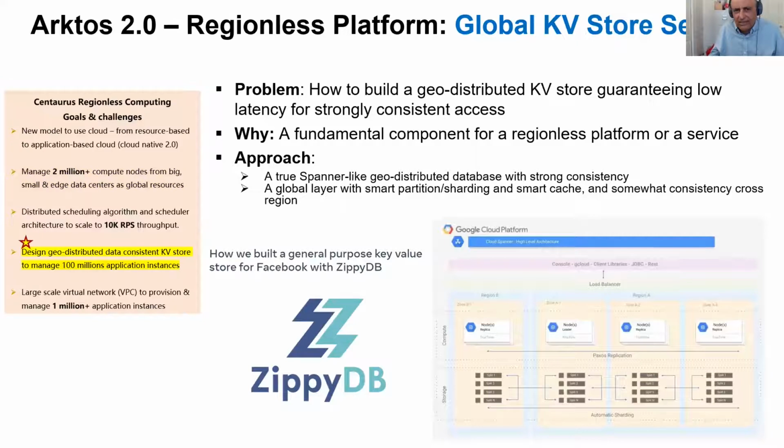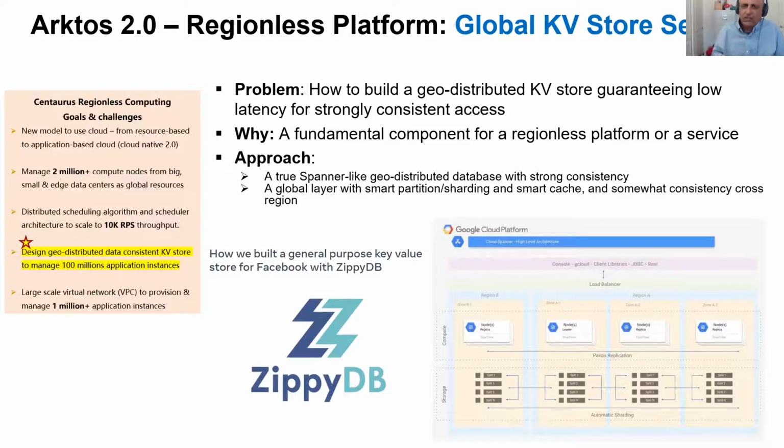KV store. The only geo-distributed key-value store currently is Spanner, but that required a very heavy investment by Google in order to enable a Spanner-like geo-distributed database. In a typical Edge environment, that model doesn't work. You need to be able to do coordination-free transaction management across all of these independent distributed clusters.